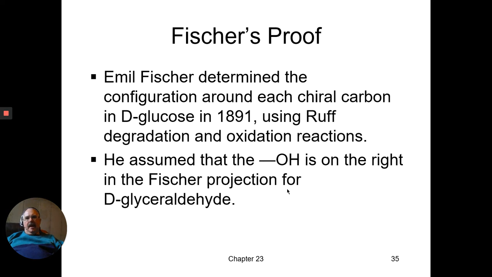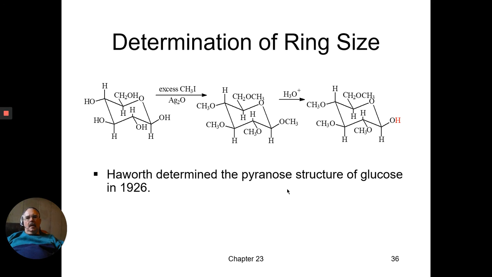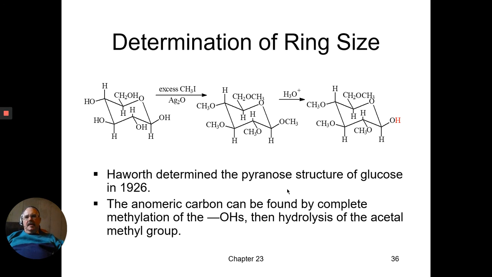At the time, he didn't really have a way of knowing that, but he just happened to guess correctly. This is mostly historical. I won't say too much about it. Haworth determined the pyranose structure of glucose in 1926.